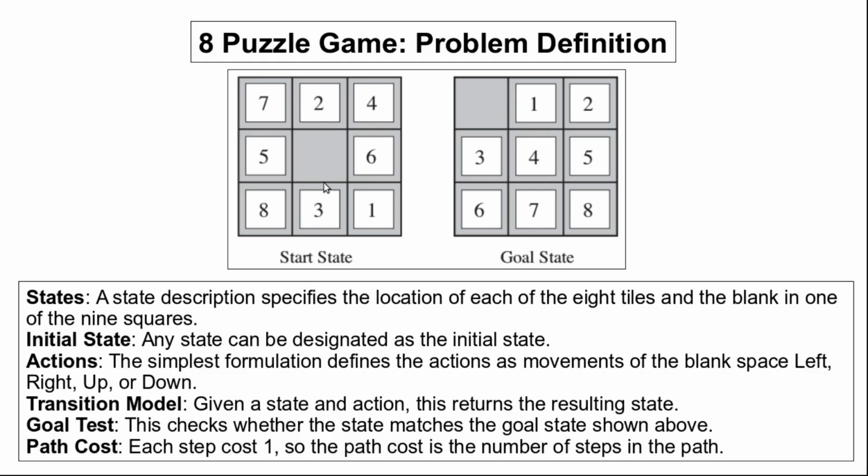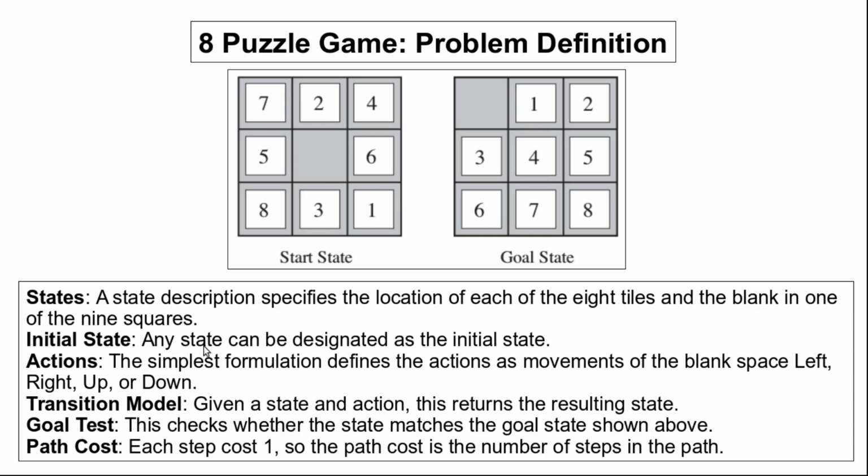For example, in this case, tile number 1 is in square 9. Then tile number 2 is in square 2. Tile number 3 is in square 8. So like that we can specify the location of each of the 8 tiles and also the blank tile, and that specification will be your state description.